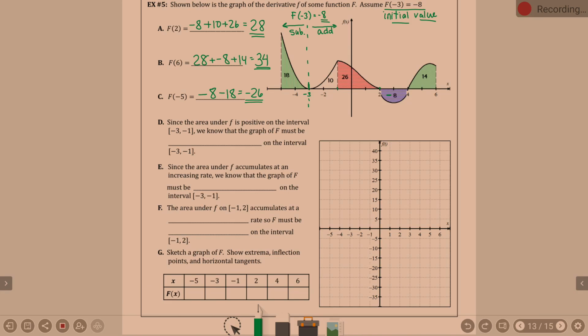Okay, so D, moving on here. Since the area under f is positive on the interval from negative 3 to negative 1, we know that the graph of capital F must be blank on the interval from negative 3 to negative 1. So f is positive here, yes?